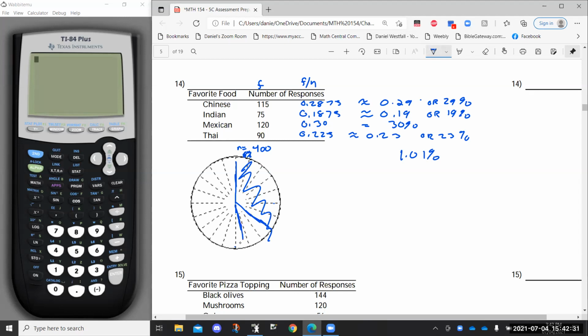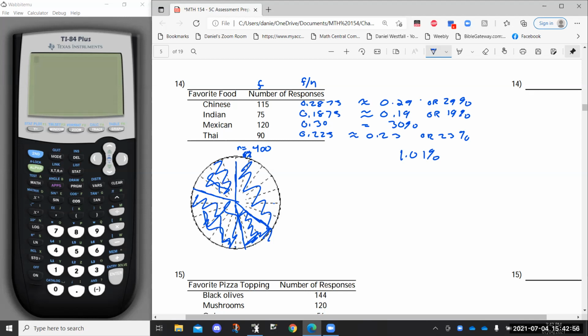So it's like right there. Then I add 30% again, I'm at almost 80%, so I'm somewhere over here. And the last group is like that, is 23%.